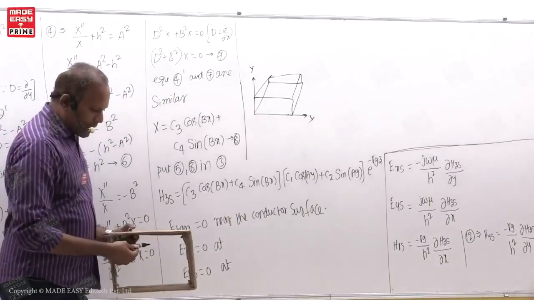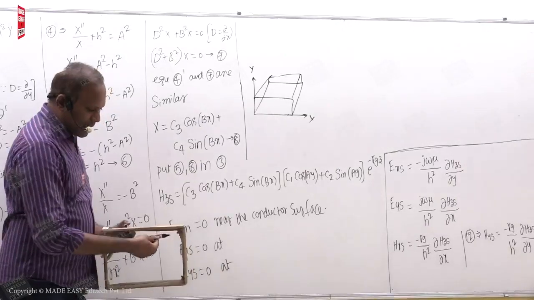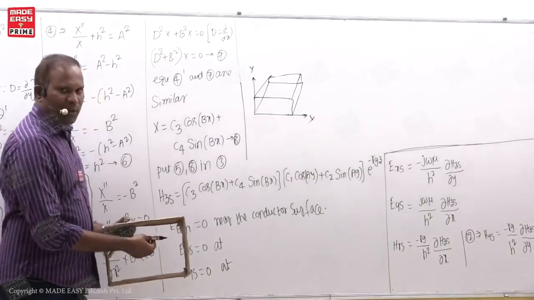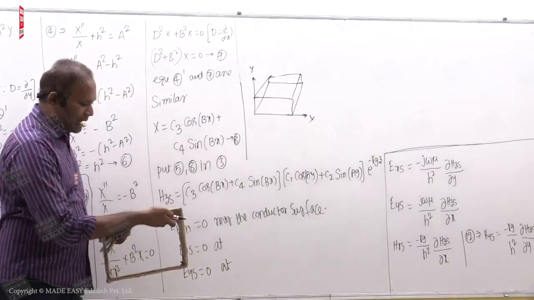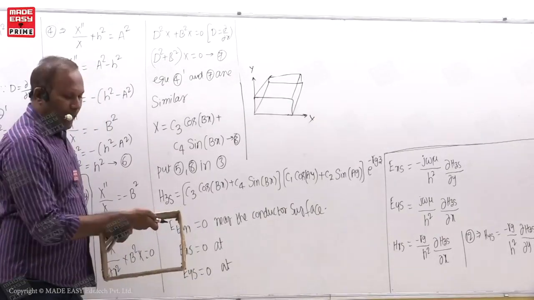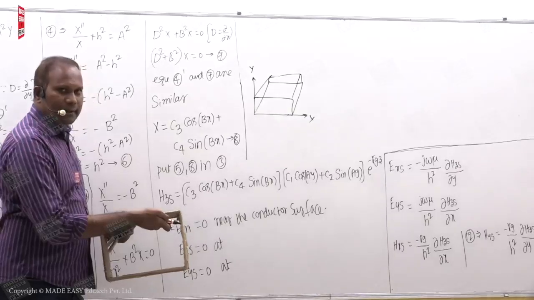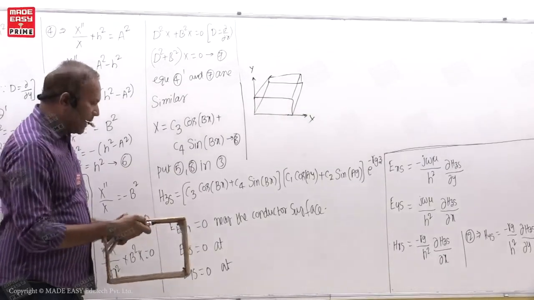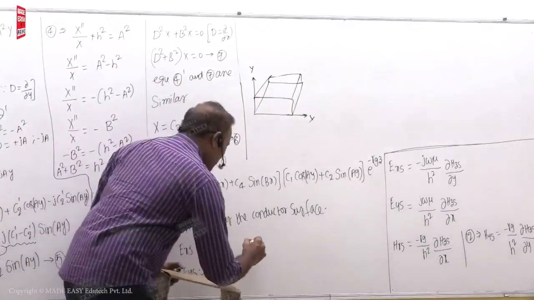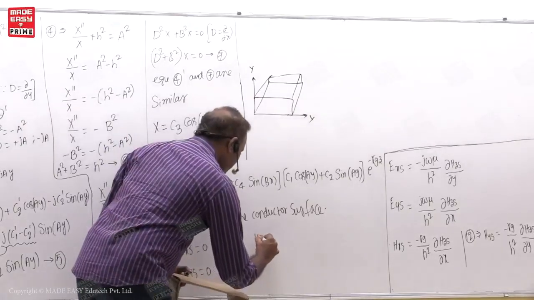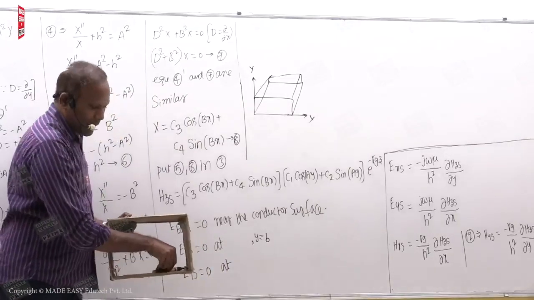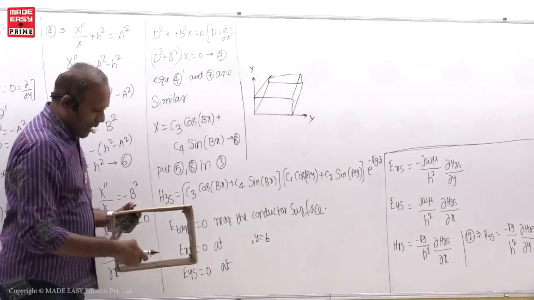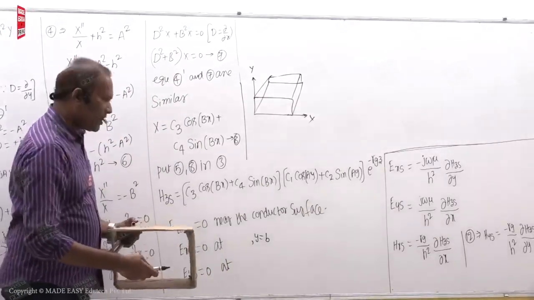Now any component in the x direction is tangential. Tangential means parallel to this surface. Which surface? Conductor surface. At which height? At y is equal to b height, here also it is tangential. At y is equal to 0 also it is tangential.